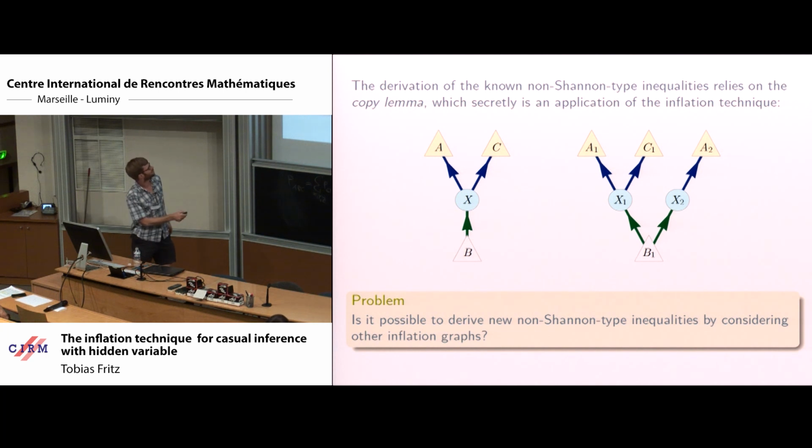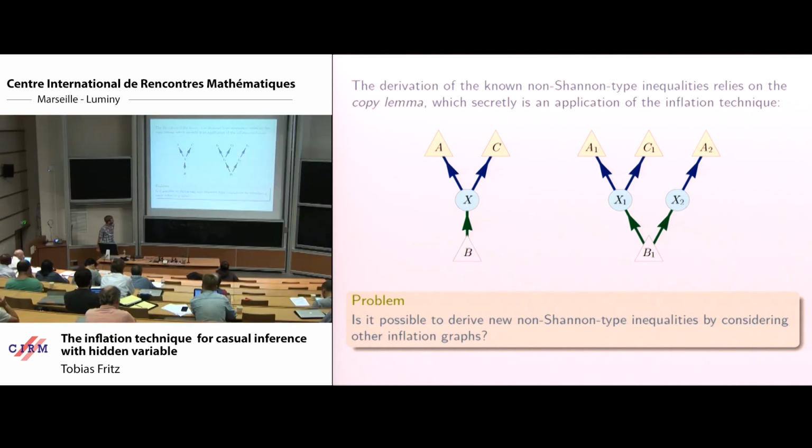And now one can use the standard Shannon type entropic inequalities at this level in order to derive non-Shannon type inequalities here. And so it feels like the flavor of this is pretty much the same as the things that I was showing earlier.